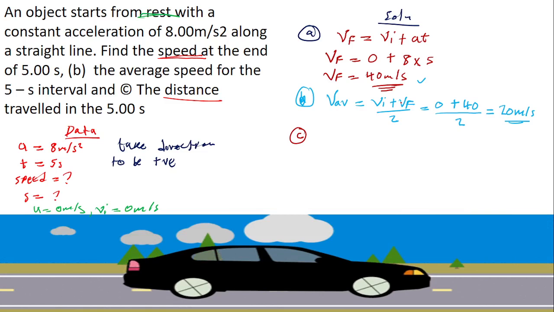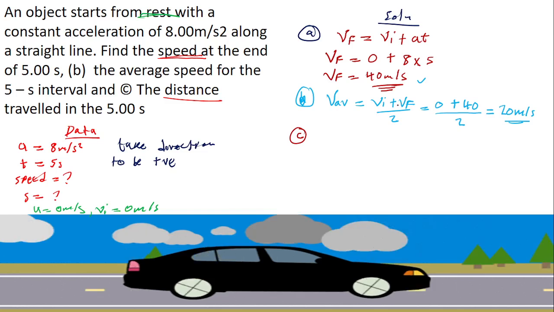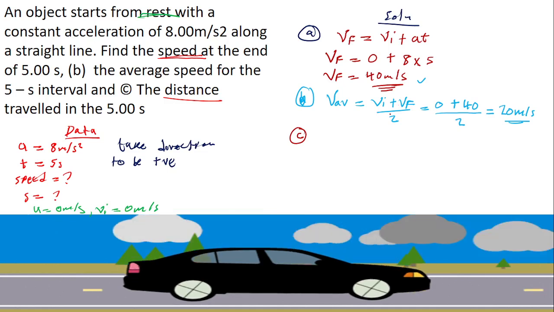Because these are the only two values that we have, we divide by 2. So according to math, you can say summation of everything over the quantity of everything. So the reason why we are dividing by 2 is because we only have the initial velocity and the final velocity. Is that okay? Alright, thank you. You're welcome.